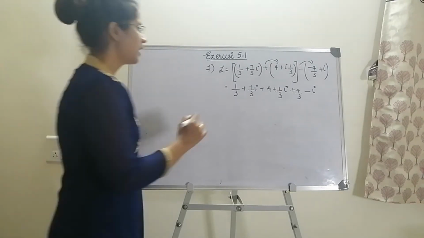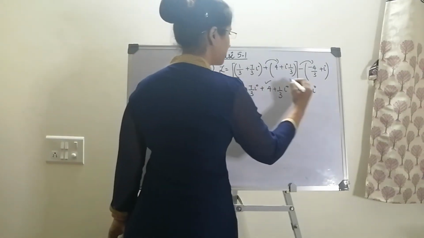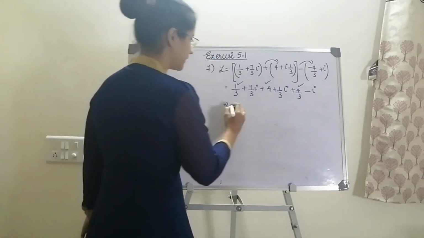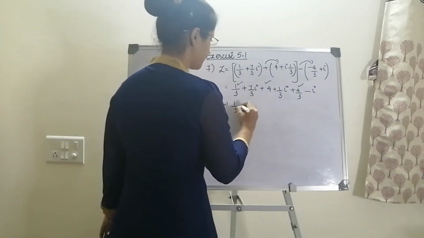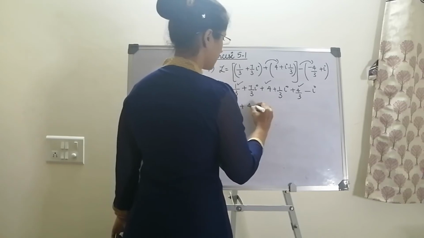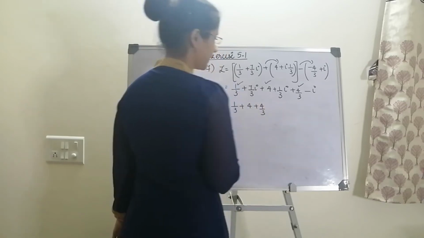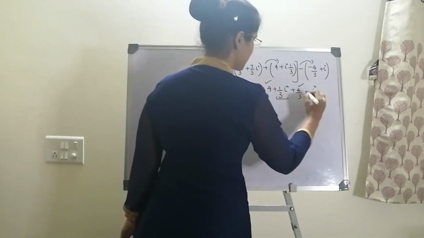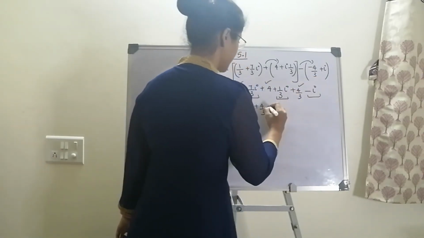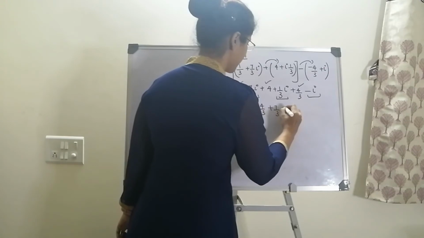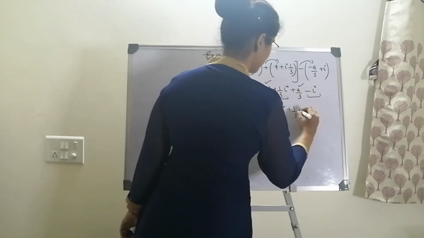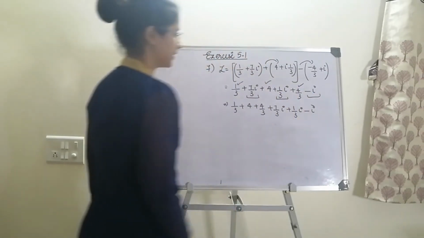Now what do I do? I will group all the real terms. So when I group all the real terms, I get 1 by 3 plus 4 plus 4 by 3. Next, what are the imaginary terms remaining? I can write this as plus 7 by 3i plus i by 3, plus 1 by 3i minus i.